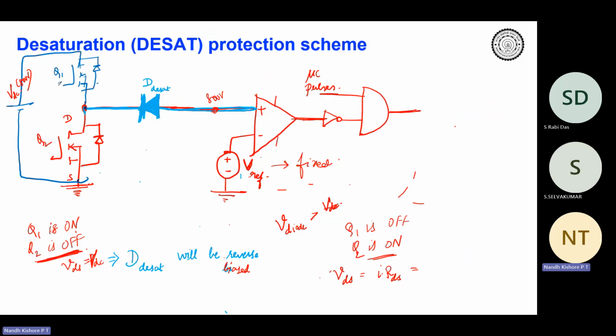So there needs to be a clamping or protection mechanism which will make sure that this circuitry is disabled from being directly connected across Q2 when the device is off.